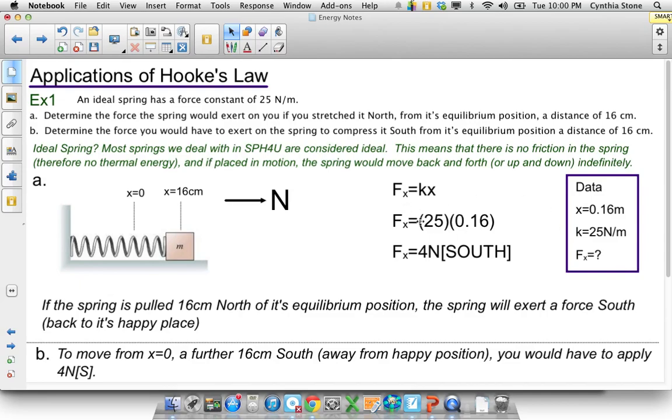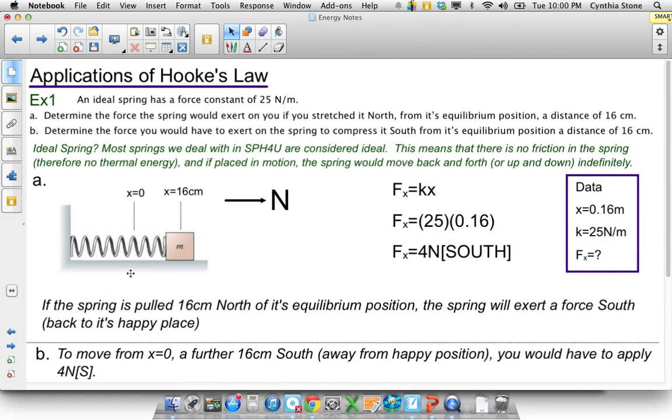Forgetting the negative, the negative refers to direction anyway, the direction this force would be on you would be south. The spring wants to come back to its happy place, so it's pulling south. And part B, determine the force you would have to exert on the spring to compress it south.